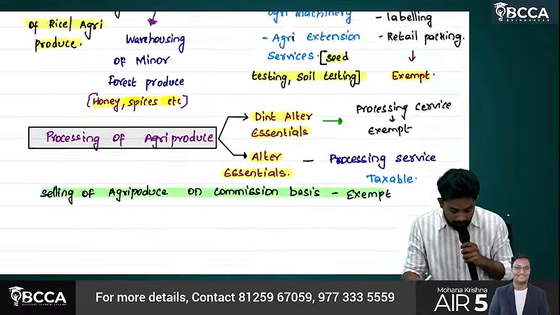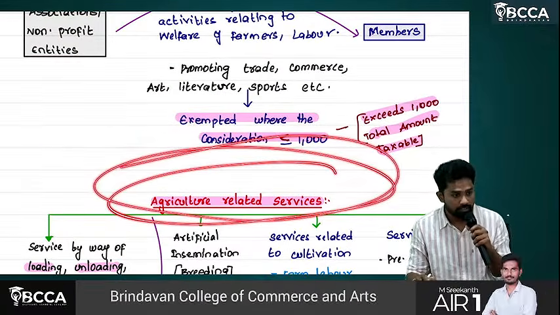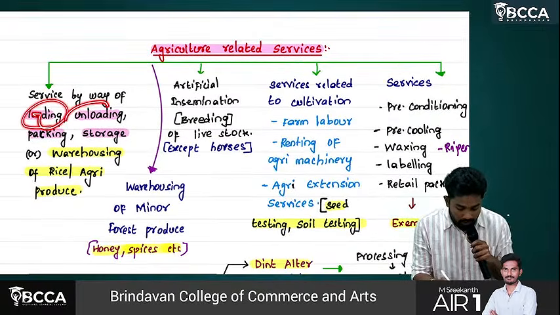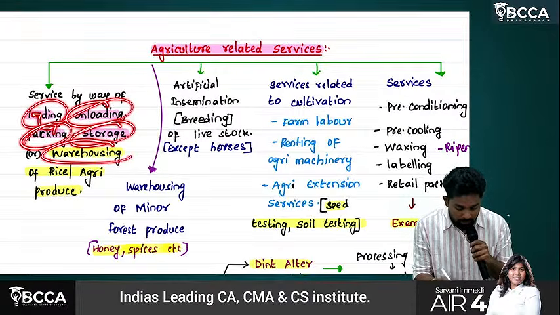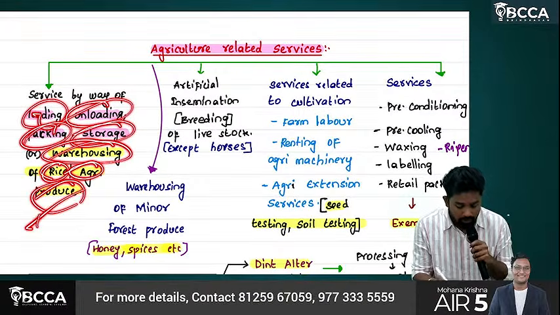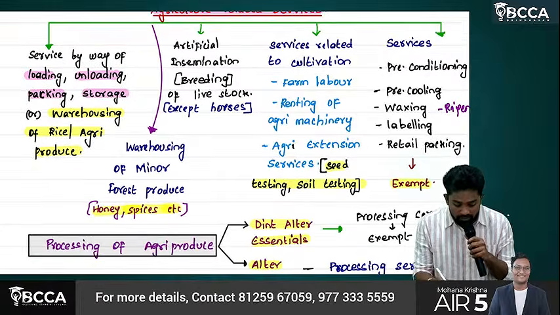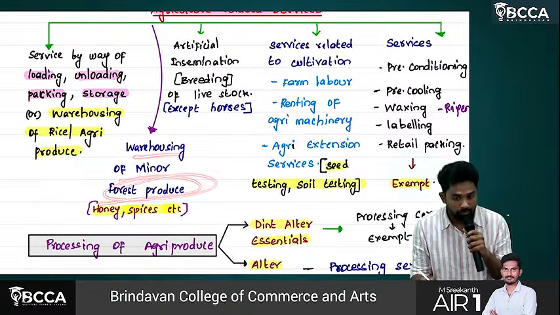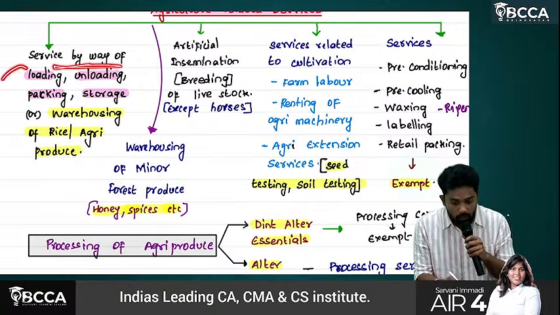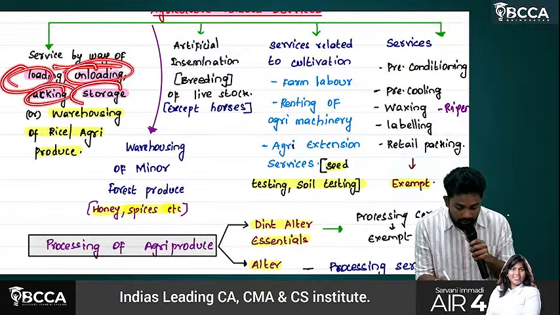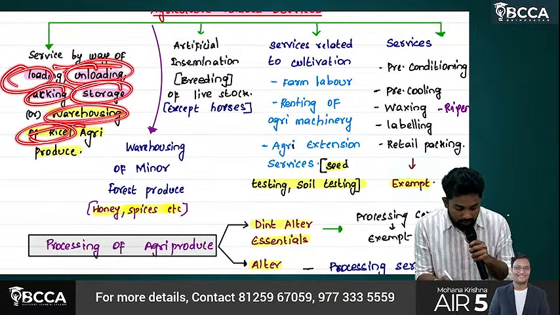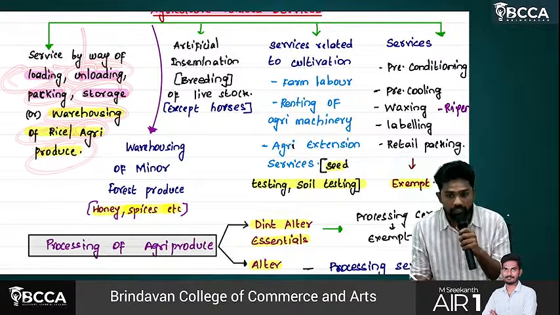Then agriculture related services. Service of loading, unloading, packing, storage, warehousing of rice, agri produce, all these are exempted. Then warehousing of minor forest produce. Sir, service by way of loading, unloading, packing, storage and warehousing of rice and agri produce, all these services are exempted.